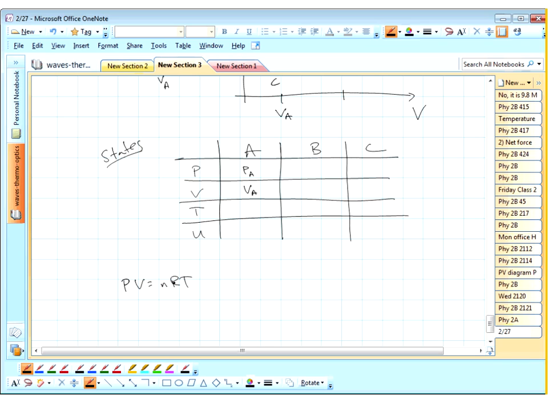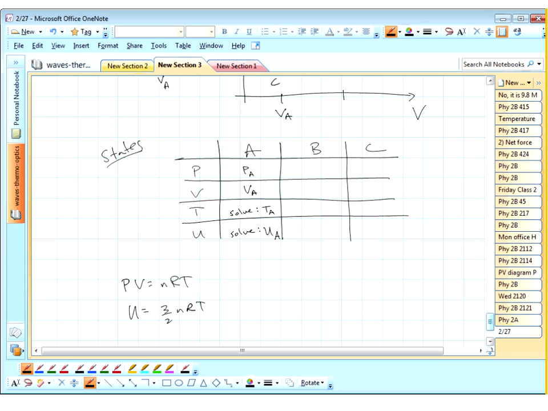So if we know P and V, we know N and R, we can solve for T. And if we know T, then we can find U. So we've got A filled in.